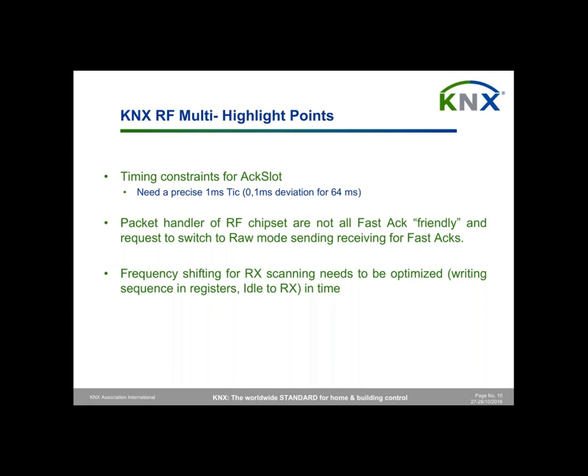One of the main constraints for the hardware is to get a precise 1 millisecond tick, because the AX slots are defined for fixed time slot, and we only have allowed 0.1 milliseconds deviation for 64 milliseconds.